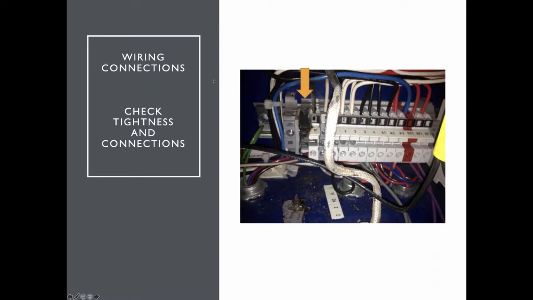When I'm looking at a commercial boiler with a power burner, I check the tightness of the connections on the wiring terminal every service call. This burner is going to be operating at 1700 to 3400 RPM, and what will happen is the screws that hold the wiring to the wiring terminal will loosen up, and you can see where the arrow is here.